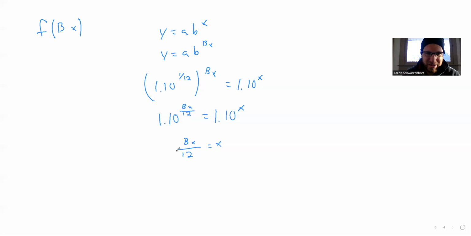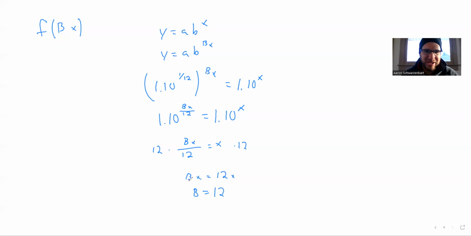To isolate B, I'm going to multiply both sides by 12. So Bx equals 12x. Now, I can't exactly divide by x without eliminating answers, because 0 would keep it true. But for non-zero values of x, B then has to be 12.